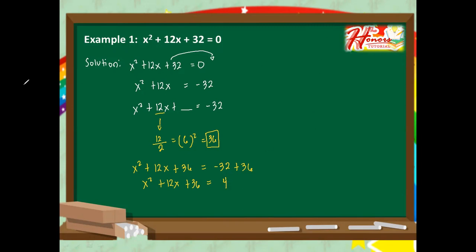And then let's continue solving. And then we have to factor x squared plus 12x plus 36. And it will become the quantity of x plus 6 squared equals 4.